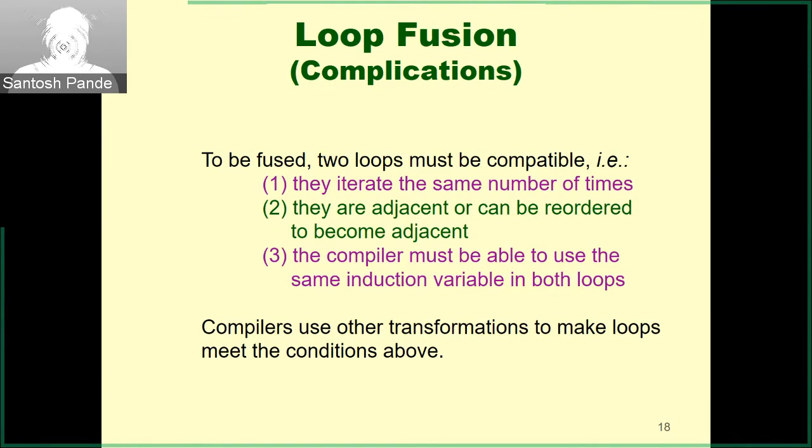The second condition is that they must be adjacent because we want to put them together. If there are some other statements in between them, then that could be a problem. And the third one is we should be able to use the same induction variable in the fused loop. These conditions are typically the ones which are checked for fusing the loops.